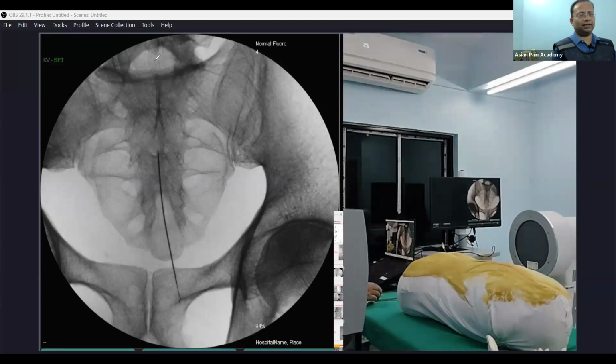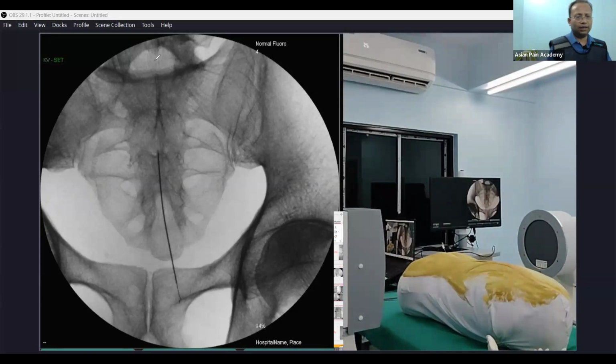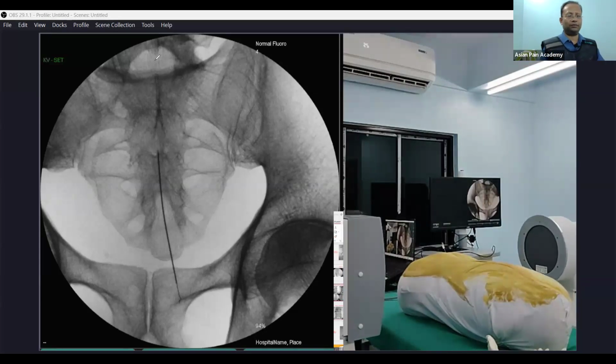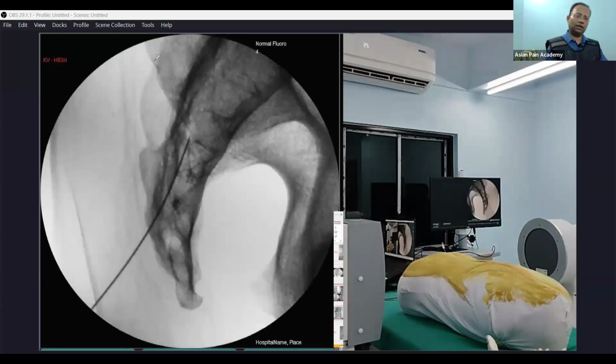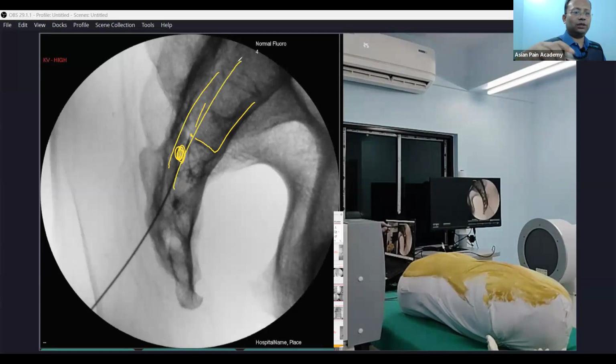You can inject at S3 also. You can see I am perfectly in the epidural space, and this is S2. I'm just touching S2, but you don't have to come this much. This much is also all right. And this is the complete epidural space.